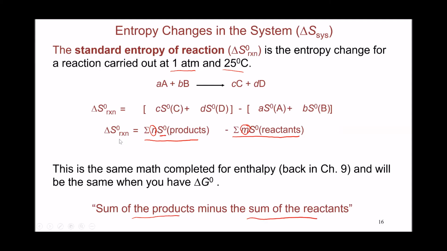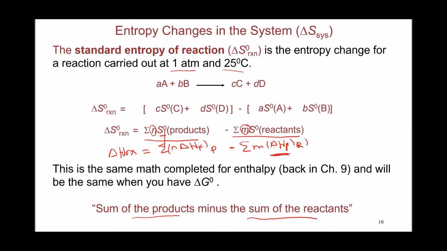One important difference here is that in the case of delta H of the reaction, it was the enthalpy of formation of the products minus the enthalpy of formation of the reactants.